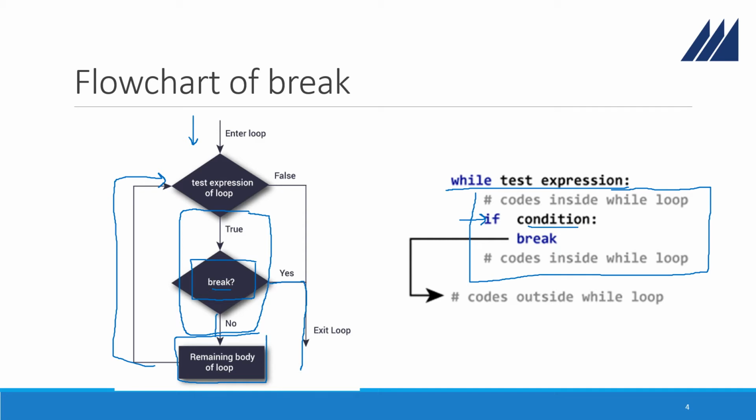If this condition is true, you're going to go inside the body of the if statement, which has break. What's going to happen? You are going to go completely out of the loop and go to the rest of the program. What's going to happen with this code is that it is going to be skipped. What if this expression is still true? It doesn't matter. The break is going to get you out of the loop.